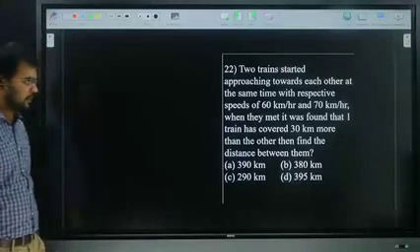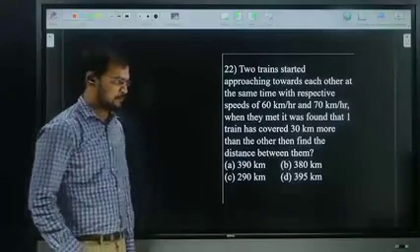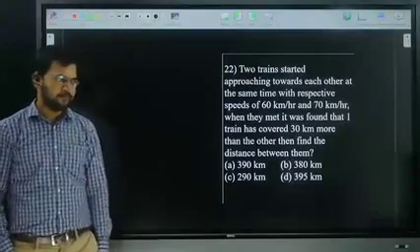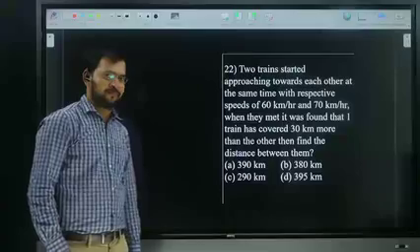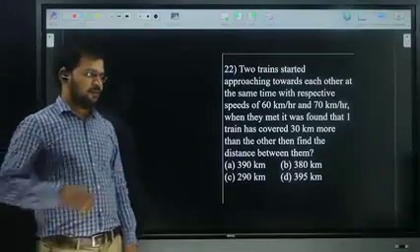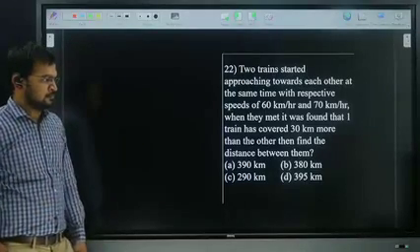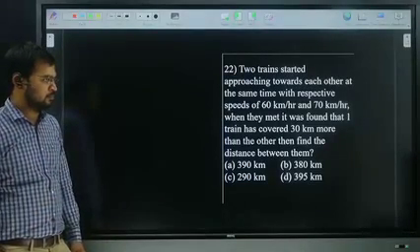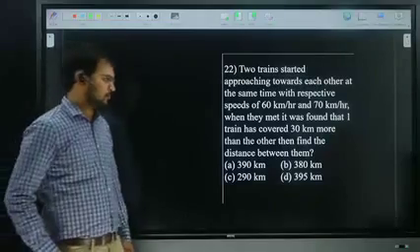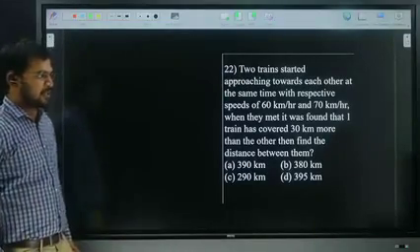So what is the answer for this question? So 390 kilometers, very good. So option A is the right answer.